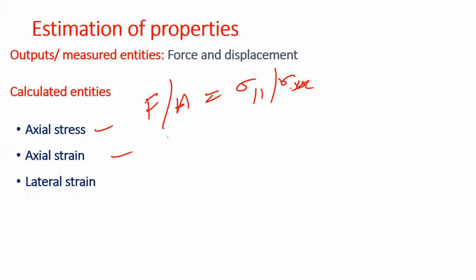Axial strain: delta L is what you measure, you know L, which is the epsilon longitudinal, or now that we know it's a tensor, I'll put it as epsilon 1. Lateral strain, delta D by D. Oh, I'm sorry, I'll use a different D because D we have used for displacement control. Delta D by D0 is nothing but epsilon 2.